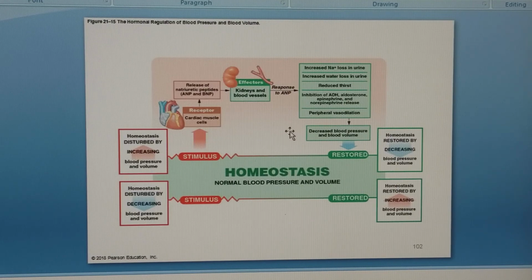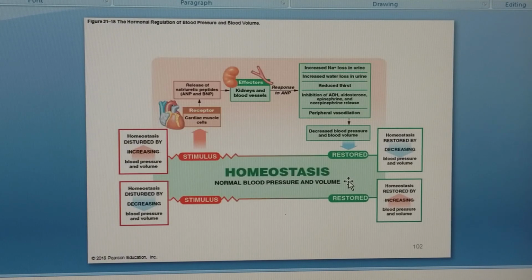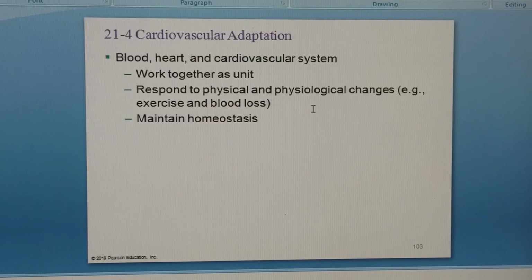So all the things that we talked about as far as increasing blood pressure, it's basically creating a situation where it's preventing that. Again, you can follow these or use the information that we've gone over.